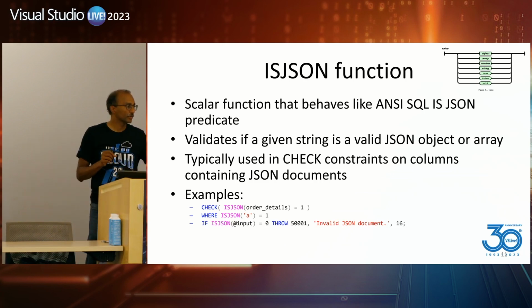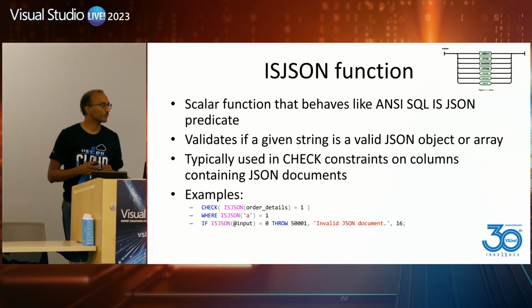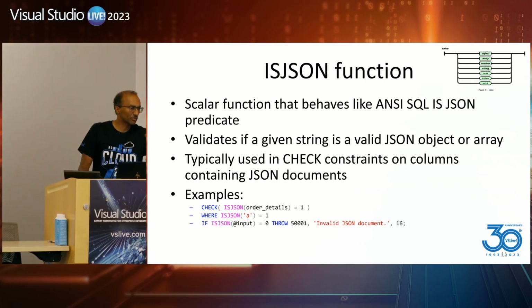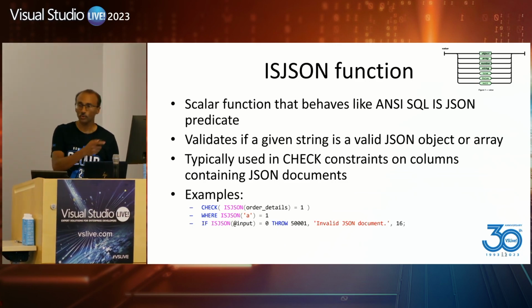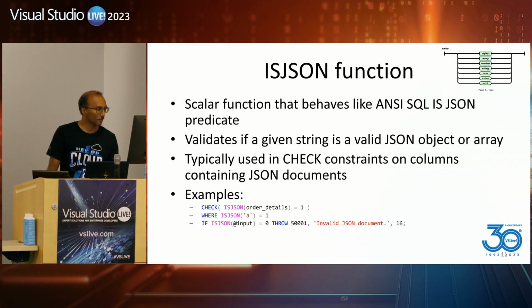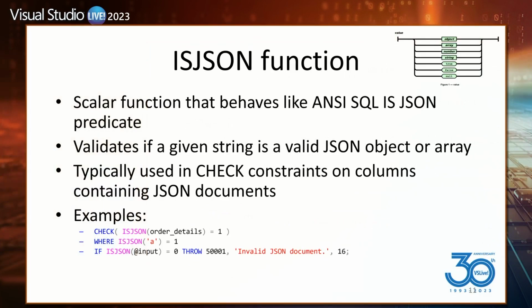This is where the ISJSON function can be used, and here are some examples. The first example is a check constraint. You just call ISJSON, and if it returns 1, it's valid JSON. That's the simplest check.